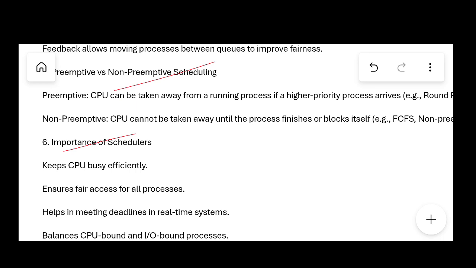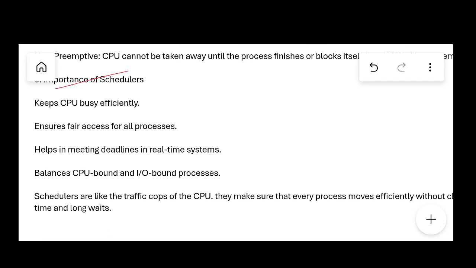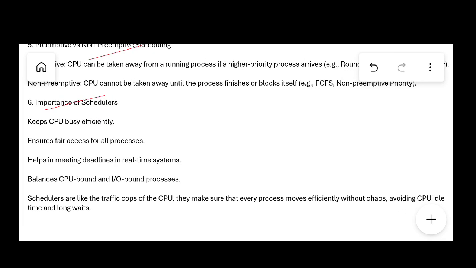They help meet deadlines in real-time systems, and balance CPU-bound and IO-bound processes. You can think of schedulers like traffic cops for processes. They make sure every process moves efficiently without chaos, avoiding idle CPU time and long waits.